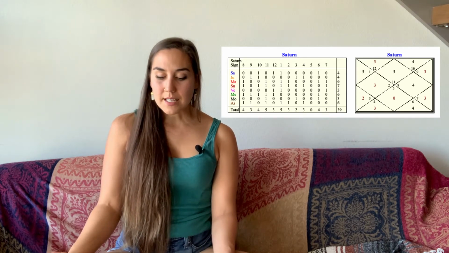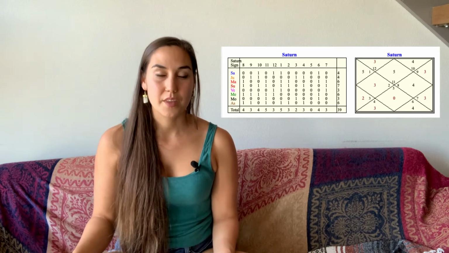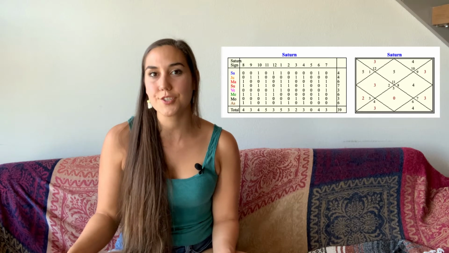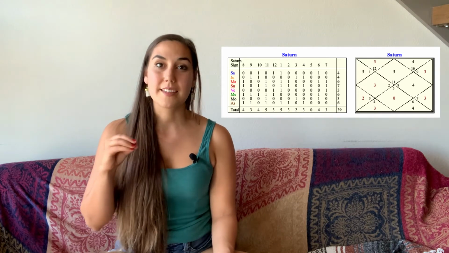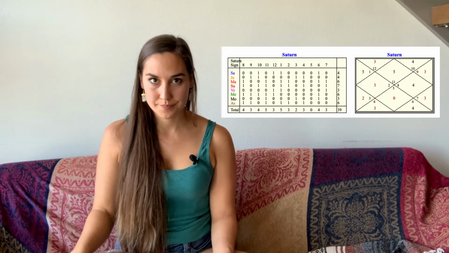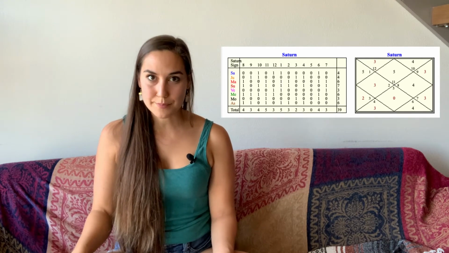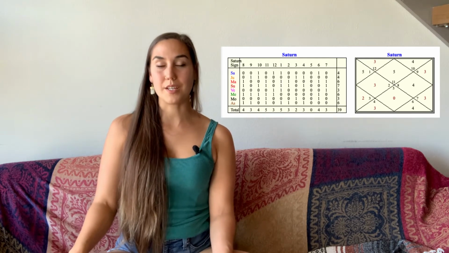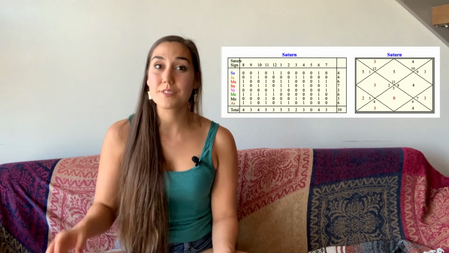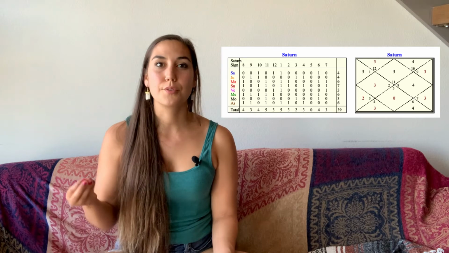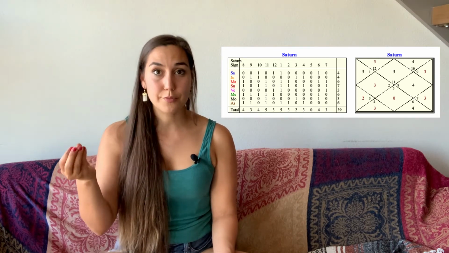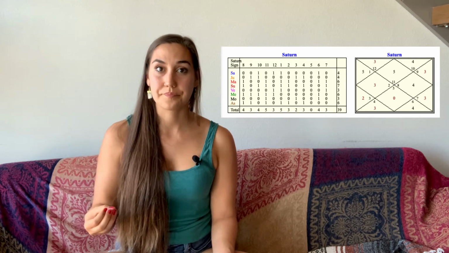So next, let's talk about Sade Sati. So Sade Sati is the 7.5 year period where Saturn is transiting the house before, the house of, and the house after the placement of your moon. So, for example, if you have the moon in Gemini, that would mean that your Sade Sati is when Saturn is passing through Taurus, Gemini, and Cancer, because it's the sign before, the sign of, and the sign after.